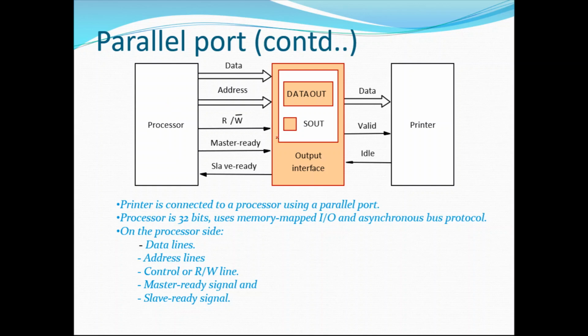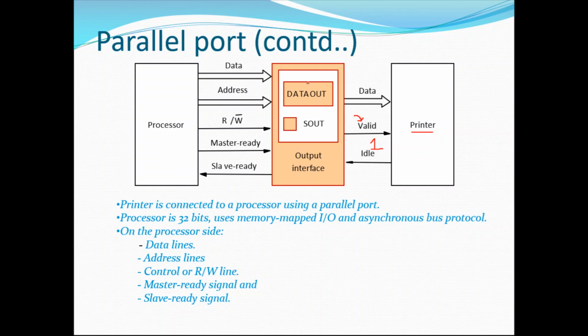Let us see. The printer uses two handshake signals. One is called idle, the other is called valid. If the printer is free, that is, if it is not printing anything, then it will set the idle bit to 1. If the idle bit is 1, it means the printer is ready to receive data.